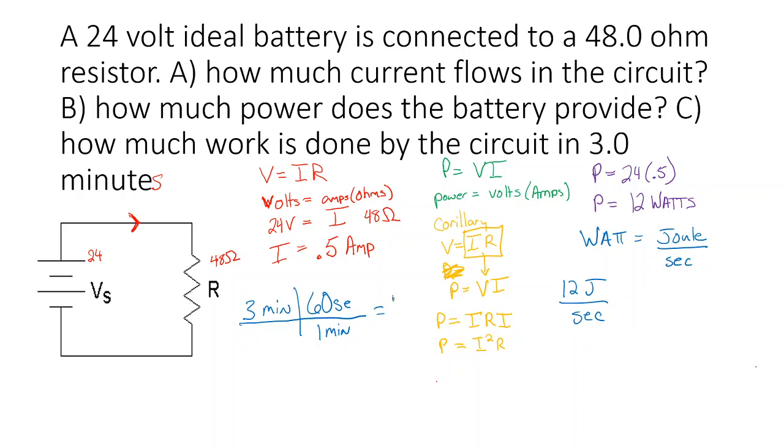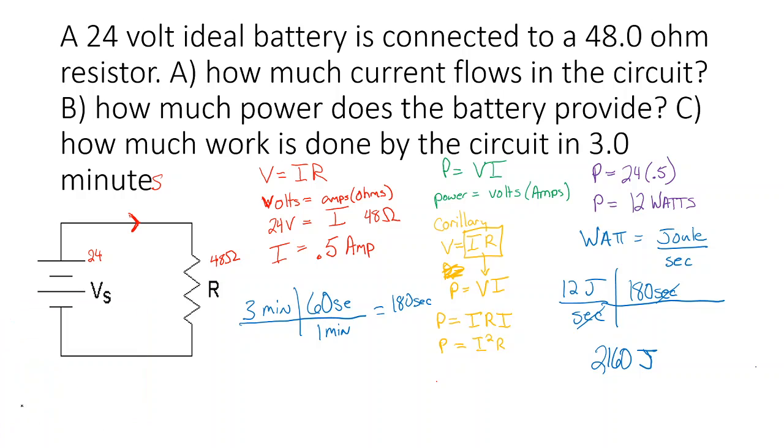So 3 minutes is 180 seconds. So if we put this into our unit analysis over here, 180 seconds. Seconds will cancel. The only thing left is joules. So 12 times 180 gives us a grand total of 2,160 joules.